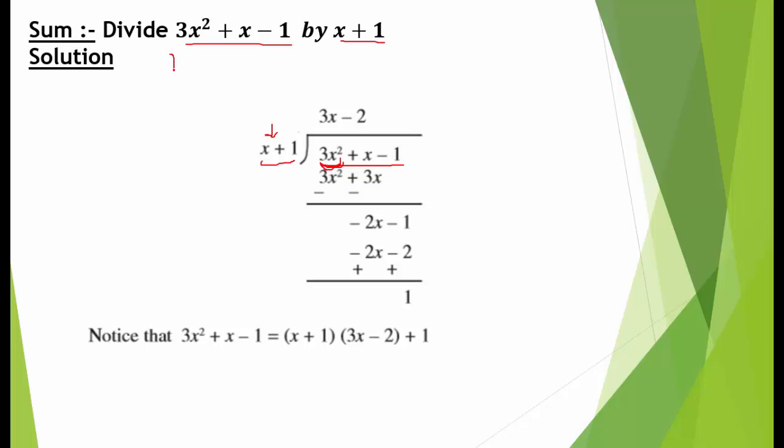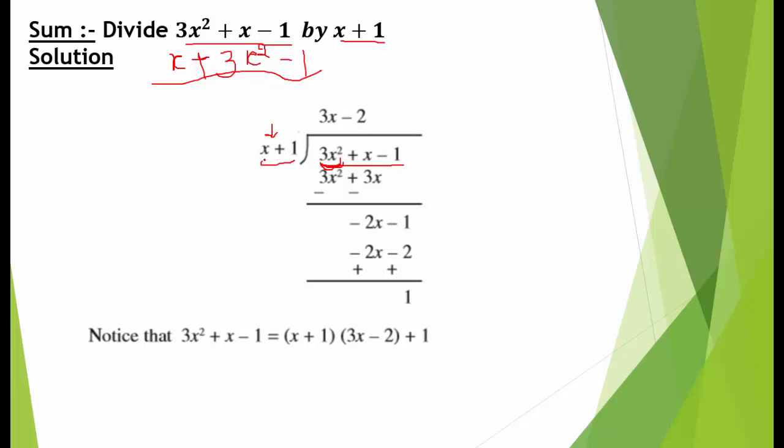For example, if I have been given x plus 3x square minus 1, then I first write this as 3x square plus x minus 1, because this is not in the decreasing order of their power. First 3x square, that is the highest degree, that is 2, and then x and then 1.